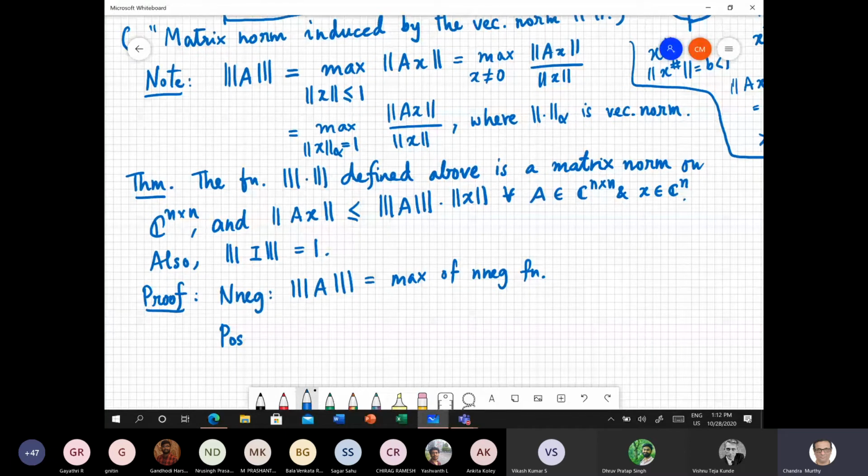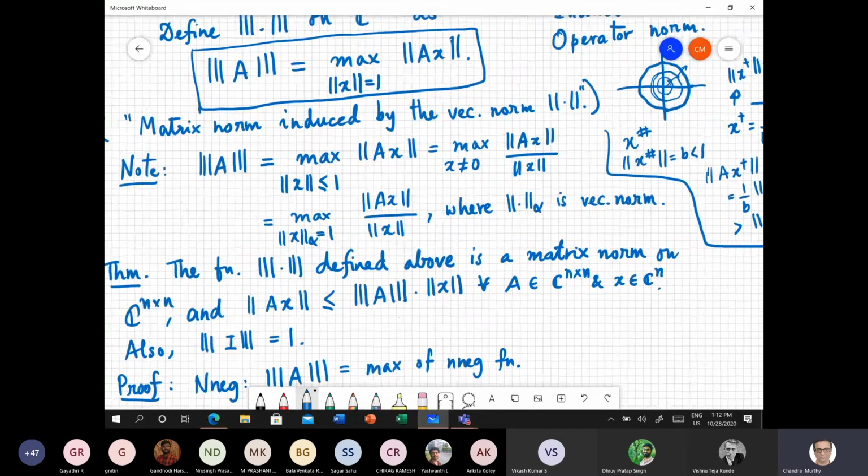And positivity: the norm of A will be equal to 0 if and only if Ax equals 0 for all x not equal to 0. The simplest way is to consider this version of writing norm A as the maximum over all x not equal to 0 of norm Ax over norm x. For this maximum value to be equal to 0, the value itself must be equal to 0 for all x.